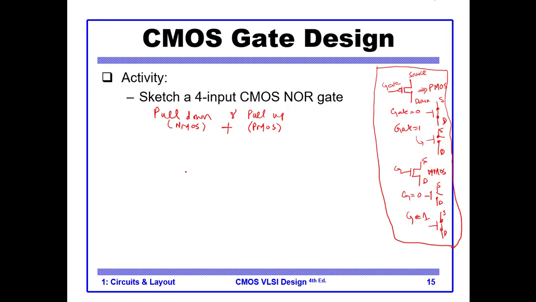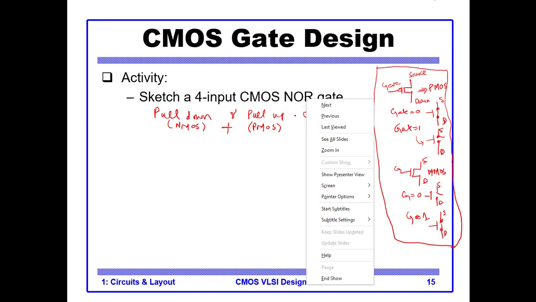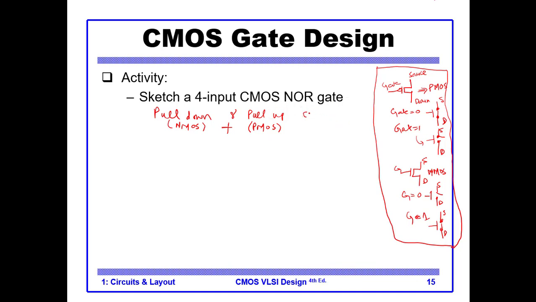Now the second thing that you have to understand is that the CMOS technology is complementing. What this means?